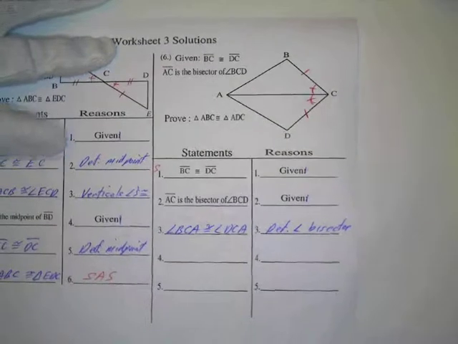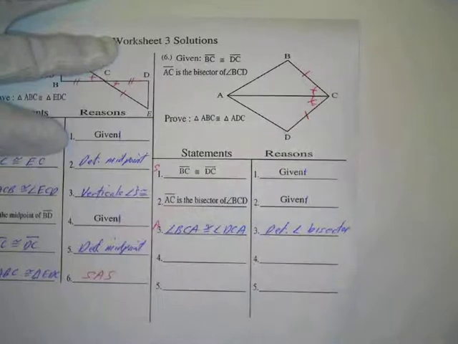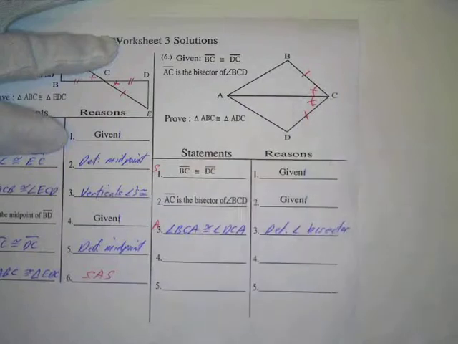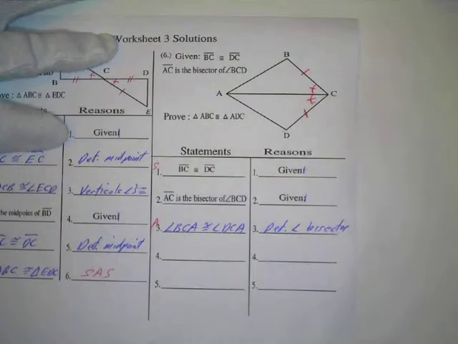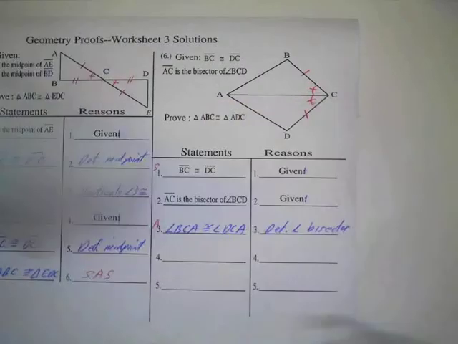So that gives me an angle. And I need a side, and there's our old reflexive property again, because AC is in both triangles. It's a common side. It's in triangle ABC, and it's also in triangle ADC.